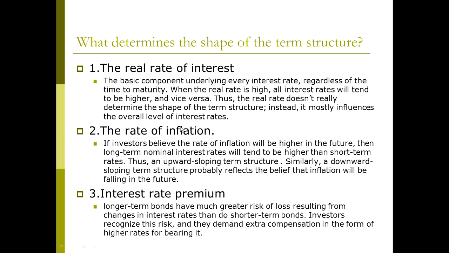People's expectation of inflation is the major factor to determine the shape of the term structure, whether it is upward or downward sloping. As for the interest rate premium, most of the time the longer term bonds will have a higher risk, more uncertainty. That is why people will require a higher interest rate on long-term bonds.